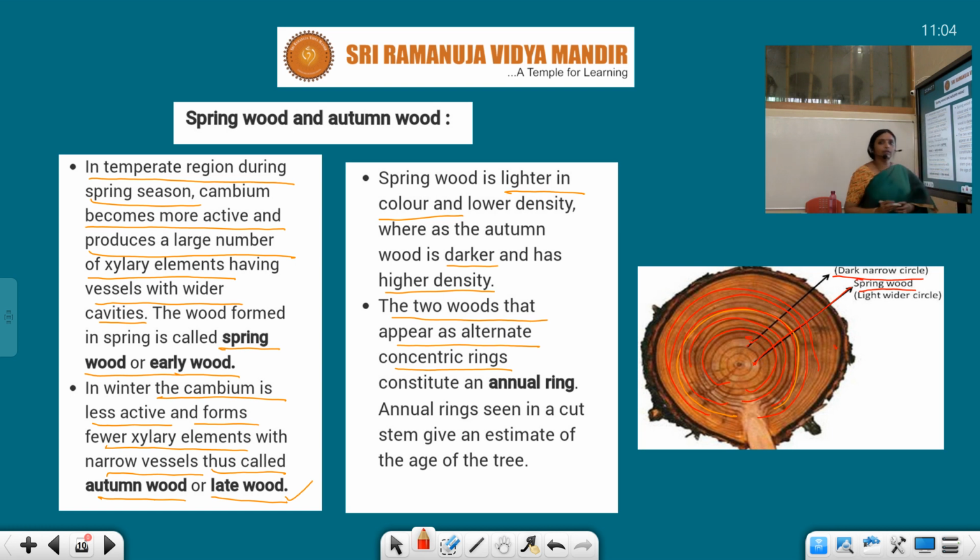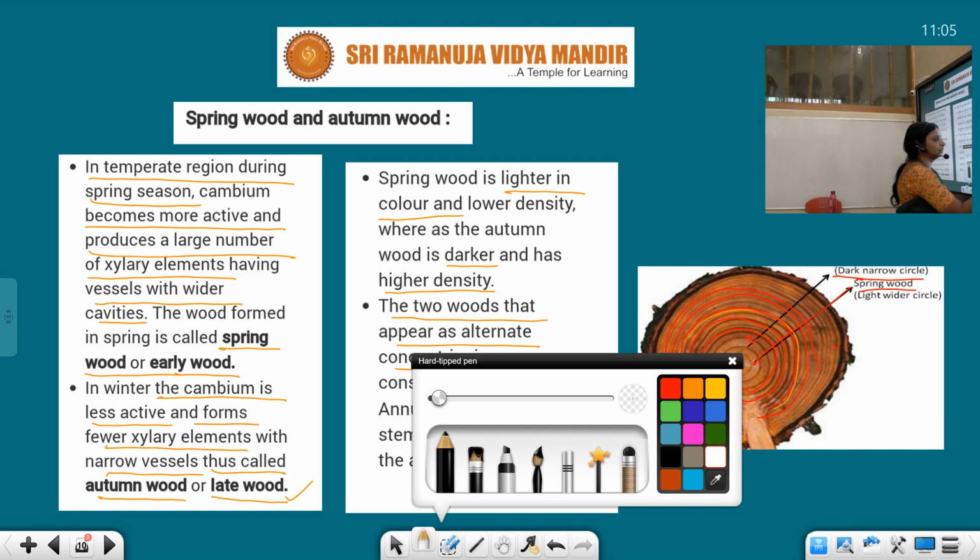So two rings are forming, and the study of these annual rings is called dendrochronology.